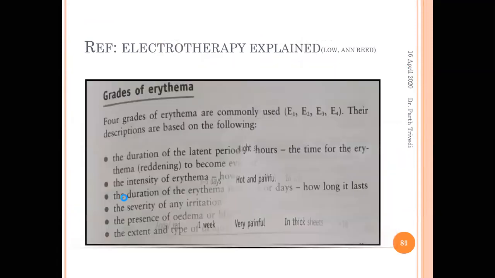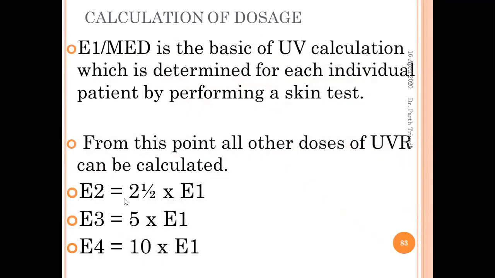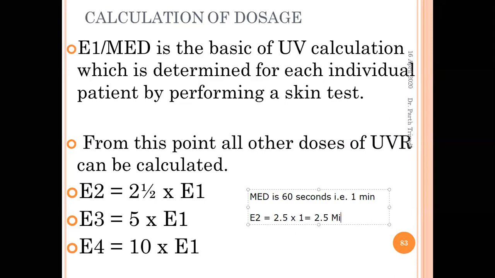Yes, we will see this in a later section, but if E1 is the minimal erythemal dosage, E2 is 2.5 into E1, E3 is 5 into E1, and E4 is 10 into E1. So just giving you a calculation, if MED is 60 seconds, that is 1 minute, then E2 is equal to 2.5 into 1, which is equal to 2.5 minutes.